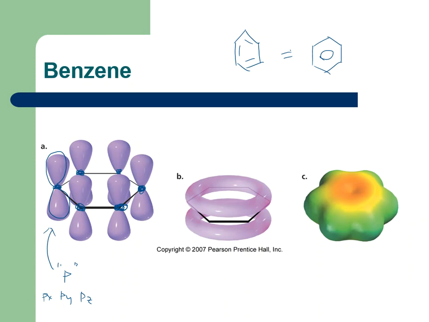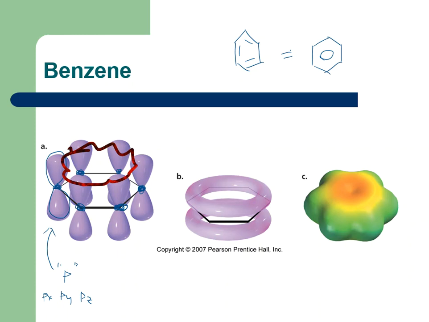If each one of these has a p orbital, then the issue that we see here is that these p orbitals take up space, and they just mush all together. All right? And they just kind of take up one big old yard that all of these electrons just go play in. And the same thing happens on the bottom of the ring as well.